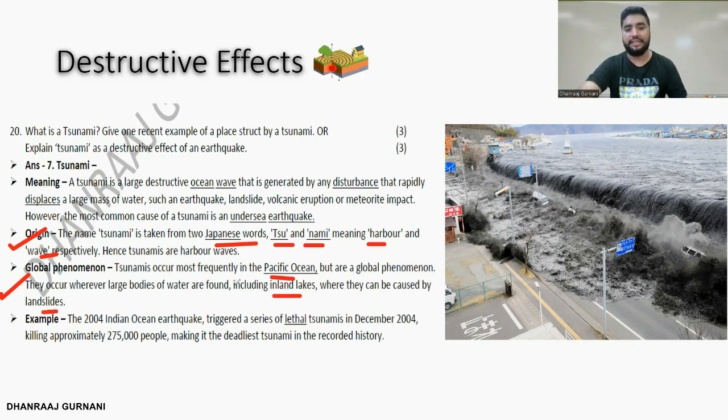They can be caused by landslides, earthquakes, volcanic eruptions, or meteorite impacts. Example, the 2004 Indian Ocean earthquake triggered a series of lethal tsunamis in December 2004, killing approximately 275 people, making it the deadliest tsunami recorded in the history of the world.